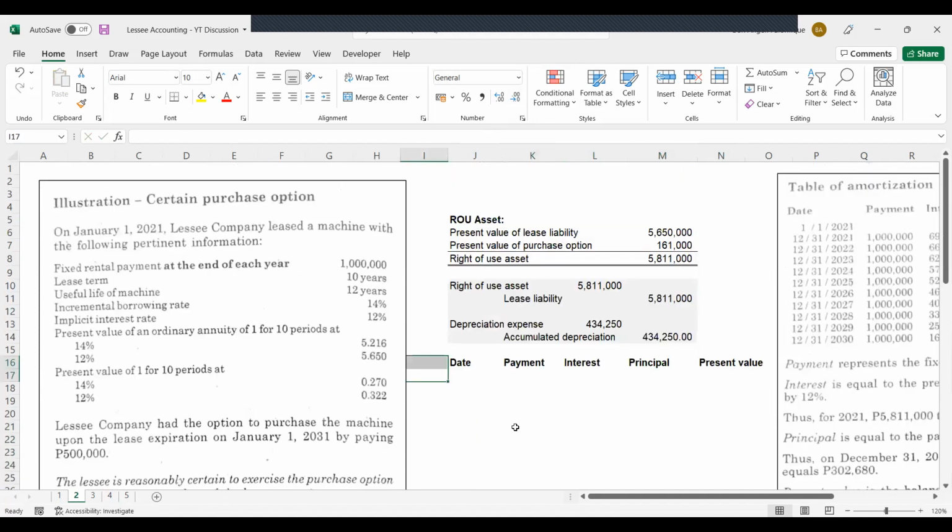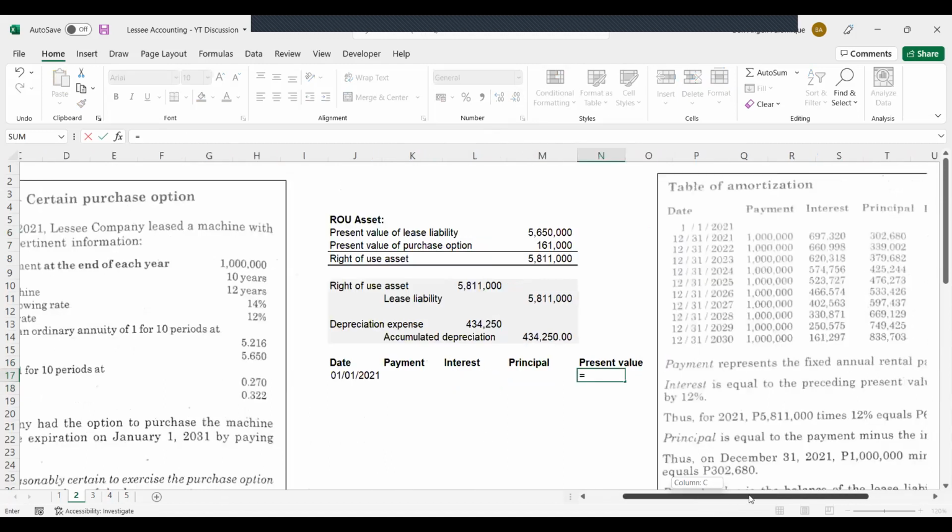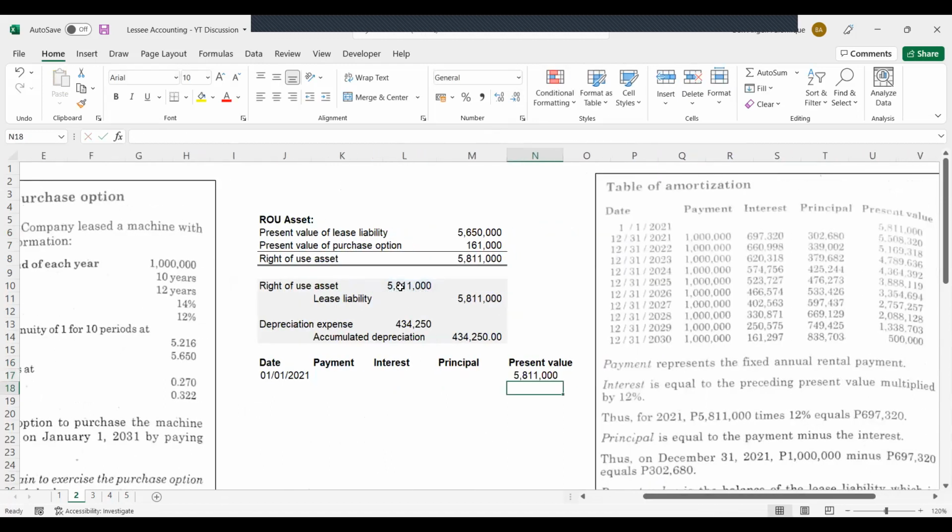So, start date natin, January 1, 2021. Starting present value natin, 5,811 million. The next, every year magbabayad siya ng 1 million. Yung interest naman niya is 12% yung gagamitin natin.